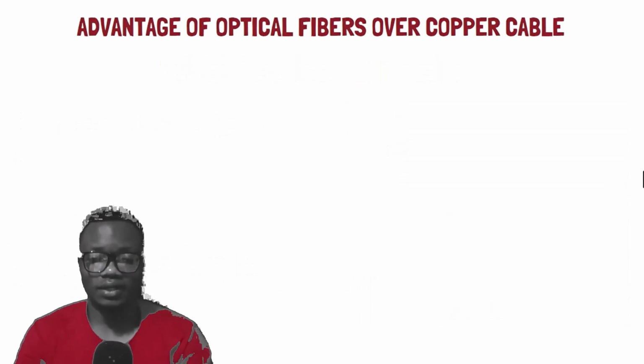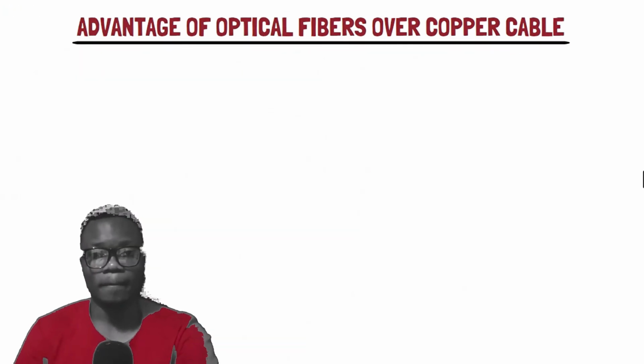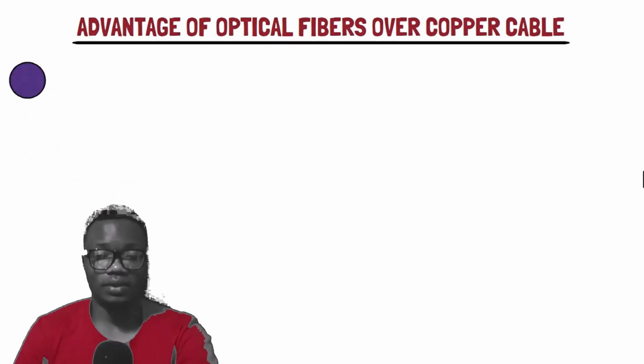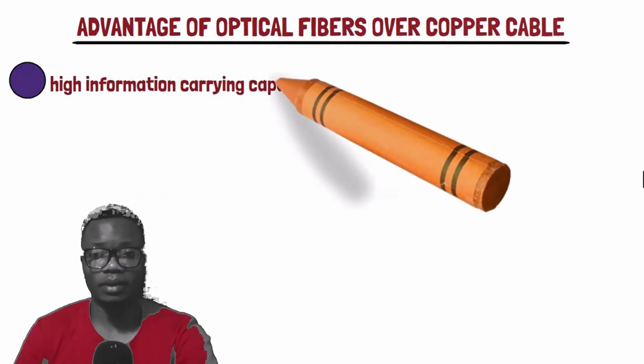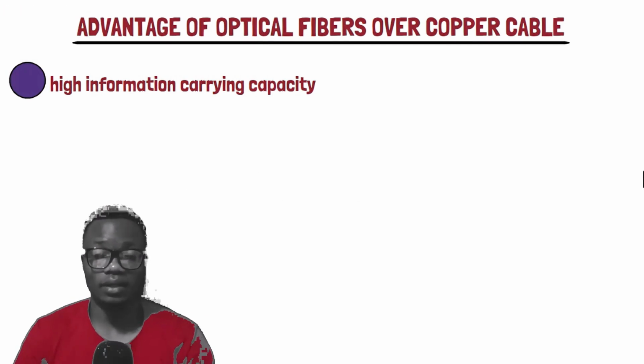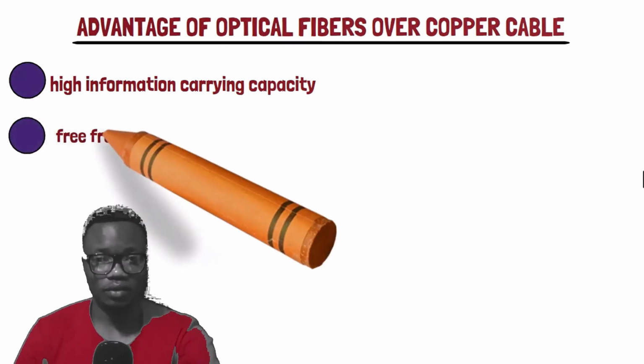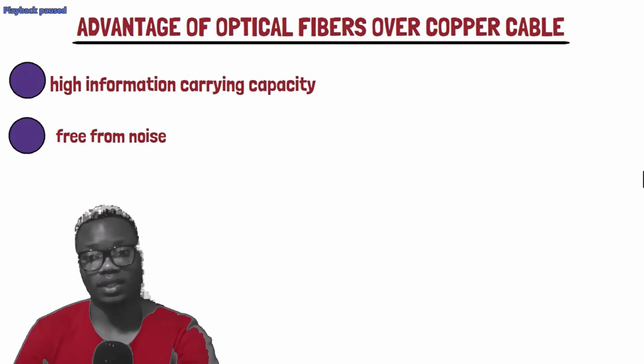Let us now see the advantages of using optical fibers over copper cable. The first advantage is that optical fibers have high information carrying capacity. Optical fibers can carry a high amount of information compared to copper cables. Another advantage is that it is free from noise.